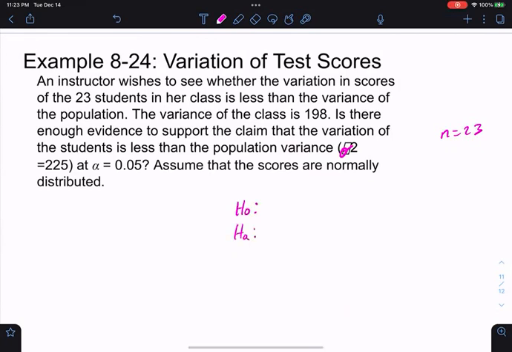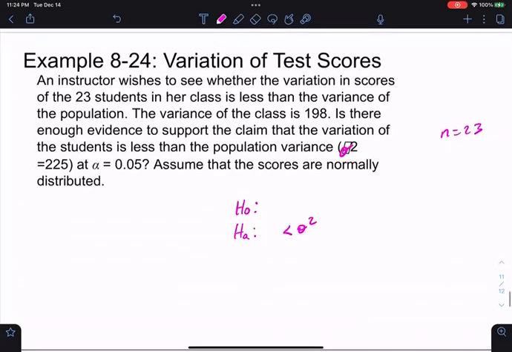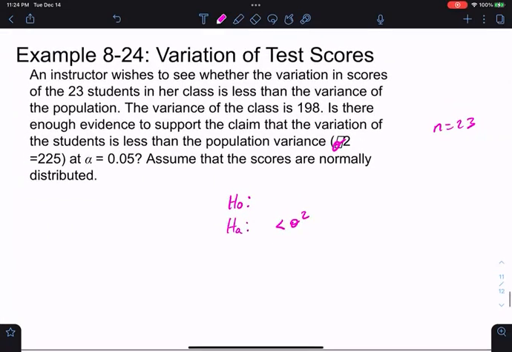So we need to state a null and alternative hypothesis, right? So what's the claim? Is there enough evidence to support the claim that the variation of the students is less than the population variance? Okay, so we have the variance of the class is 198.